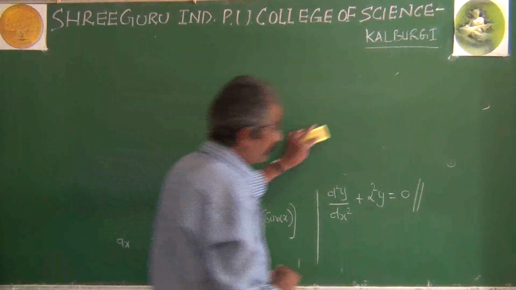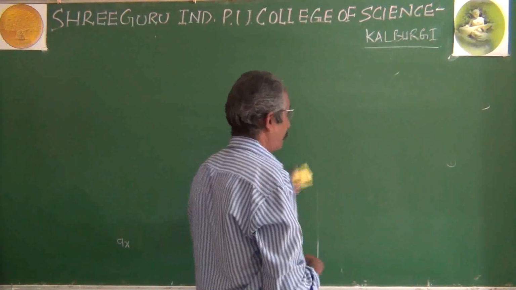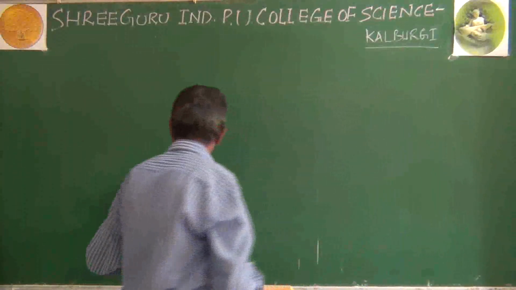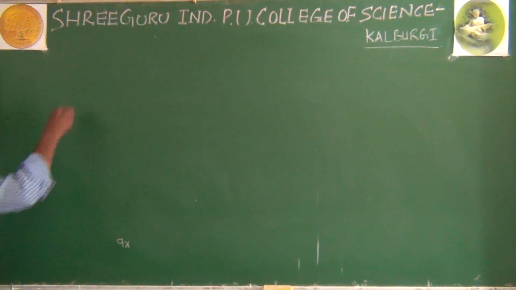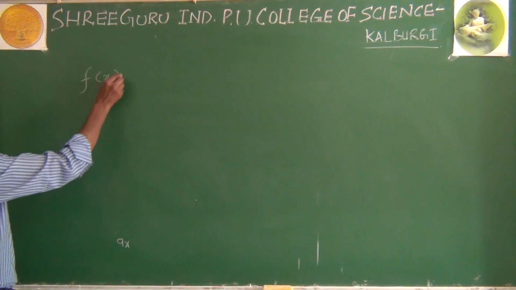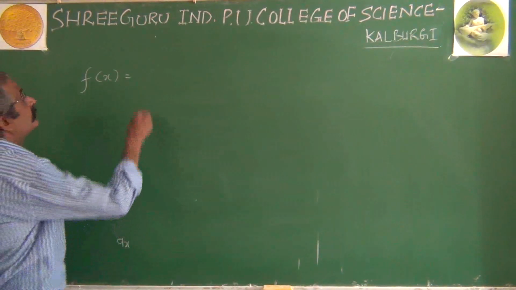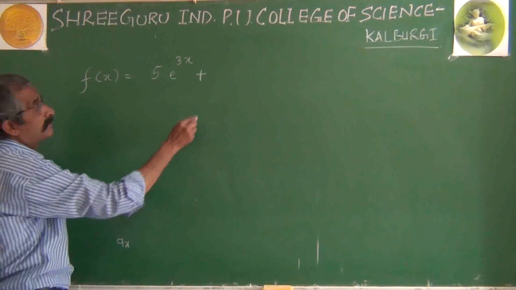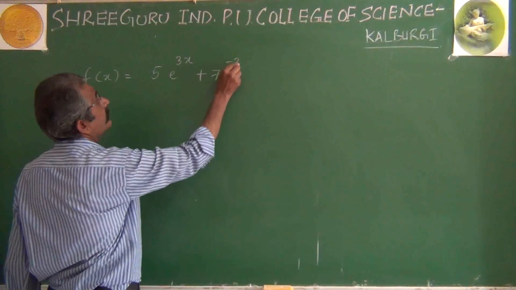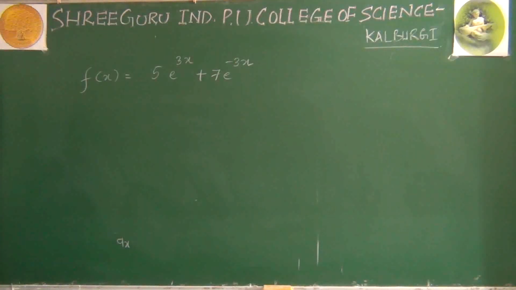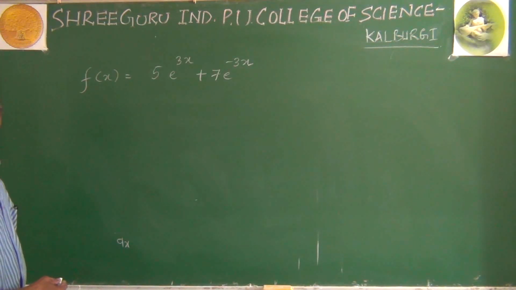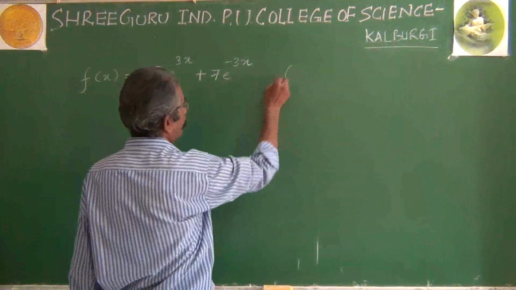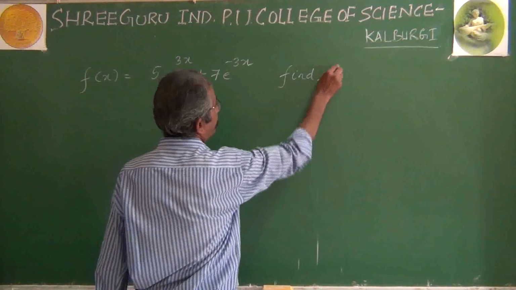Next problem. Under important problems of second derivatives. If f of x equals 5 e raised to 3x plus 7 e raised to minus 3x, then find f double dash x.